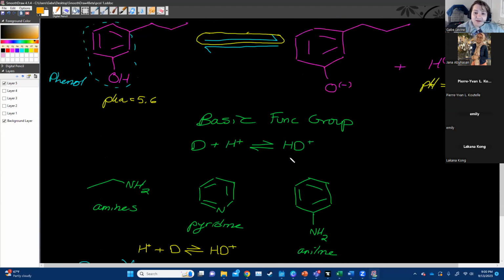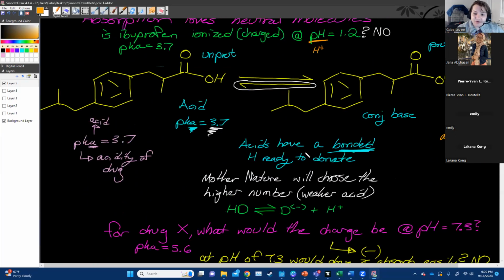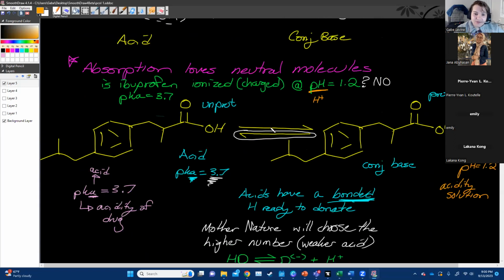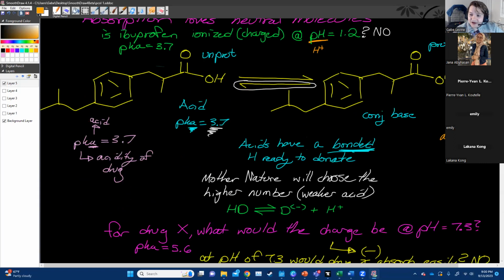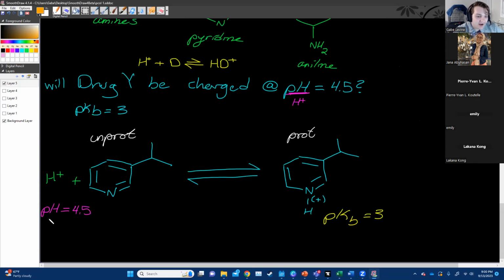Remember that we said that pH describes the acidity of the solution, right? Here, I wrote it here. Acidity of the solution. So how can we compare the acidity of the solution with the basicity of the drug? These are two opposite properties.